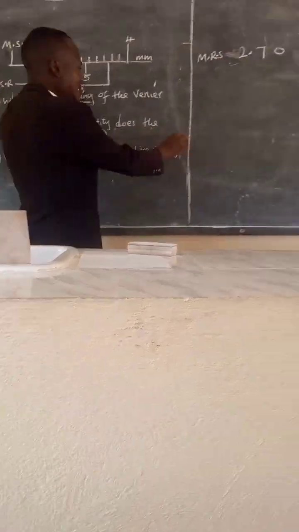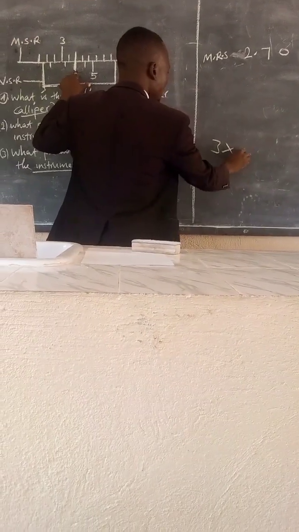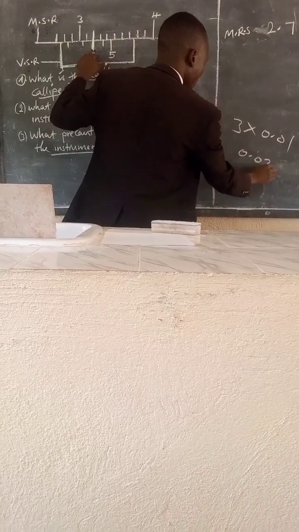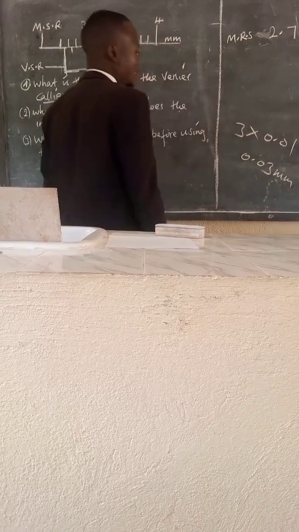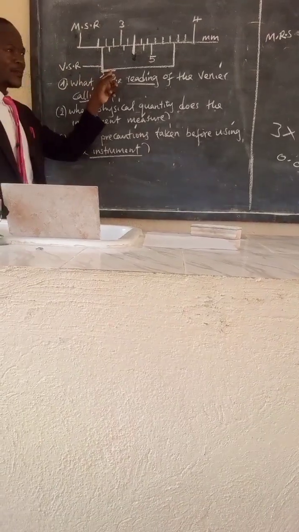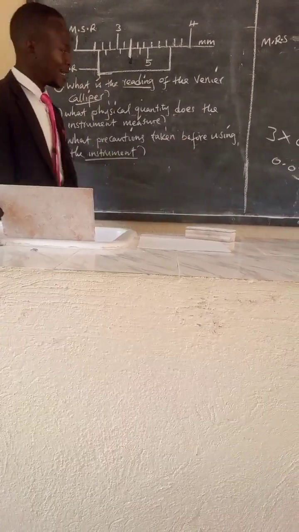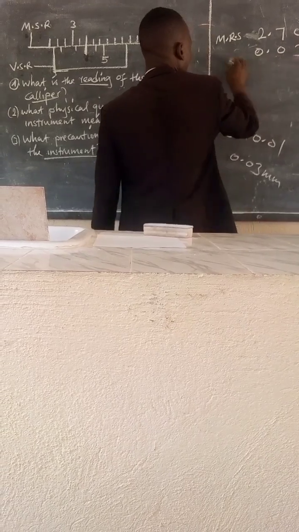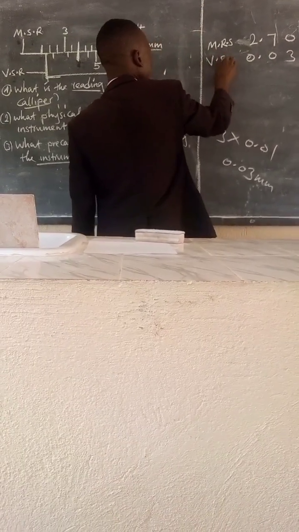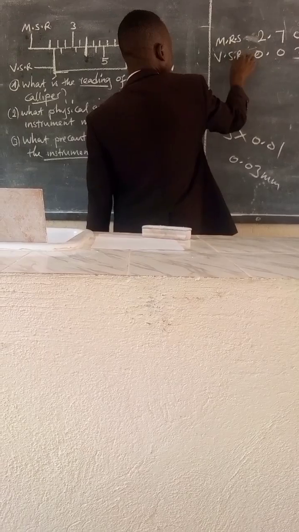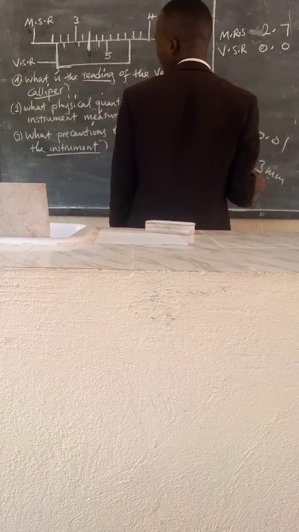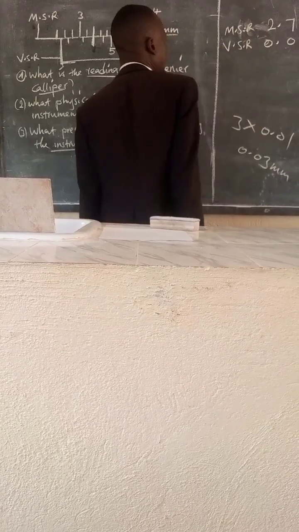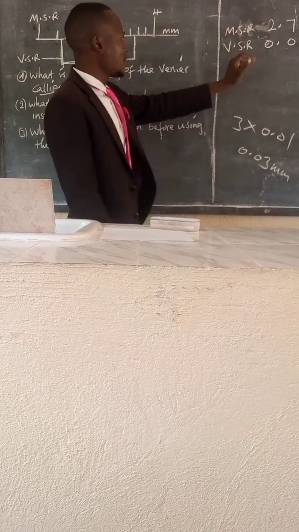Now, when you get that 3, you have to multiply it with 0.01 so that you get 0.03 millimeters. So the reading which is down here representing the vernier scale is 0.03. This is the vernier scale reading. Then we have the main scale reading and the vernier scale reading.